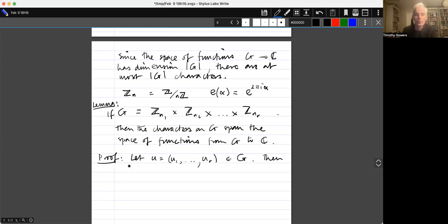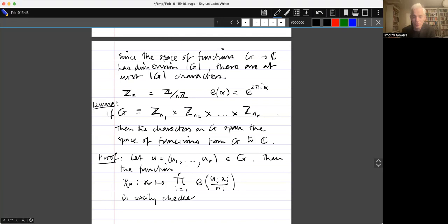Then the function chi of u, which takes an element x of G, so x equals x1 up to xr, to the product i equals 1 to r of e of ui xi over ni, and I'm going to have to comment on this in a moment, is easily checked, and I think this really is genuinely easy, I'm not cheating, to be a character.